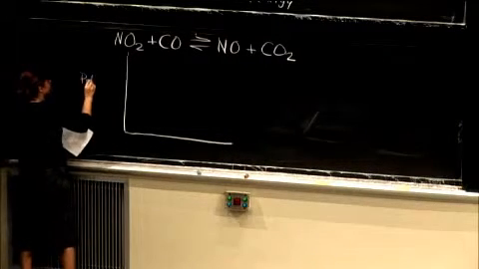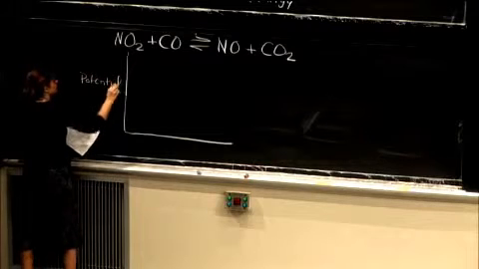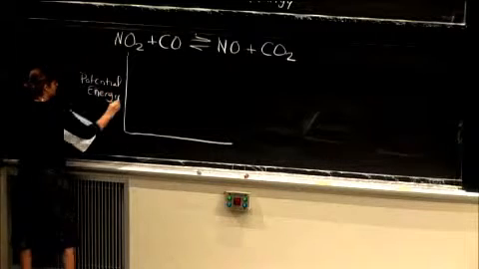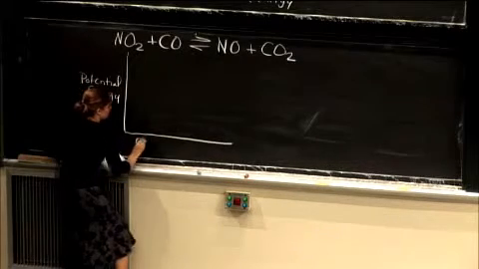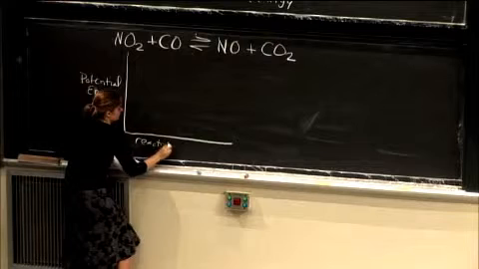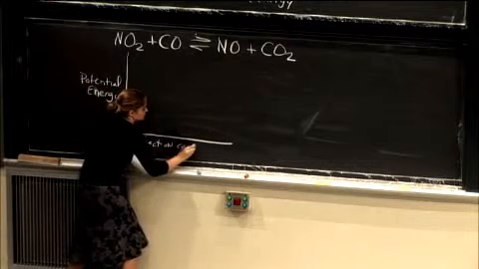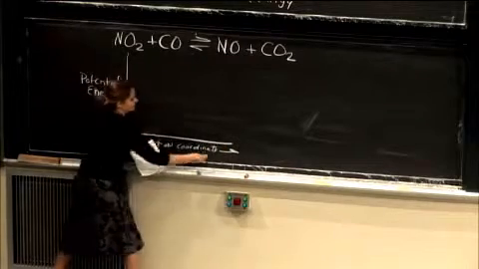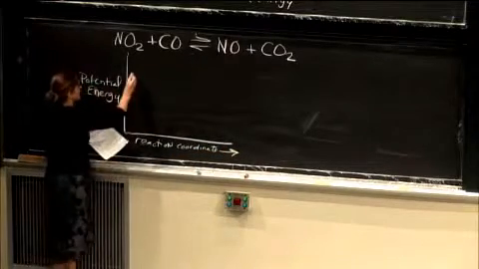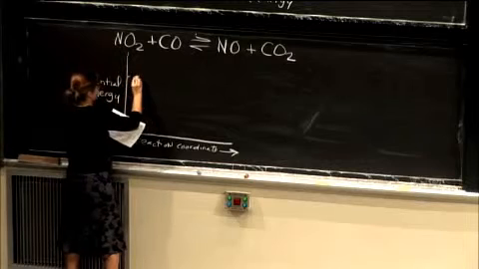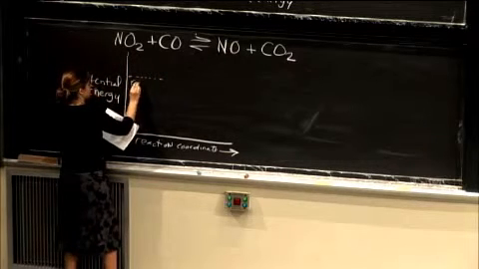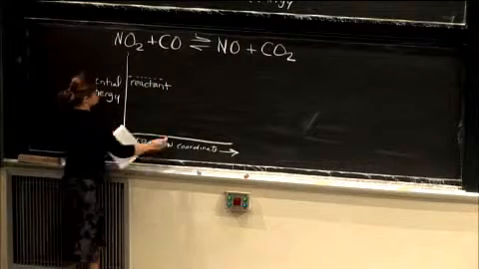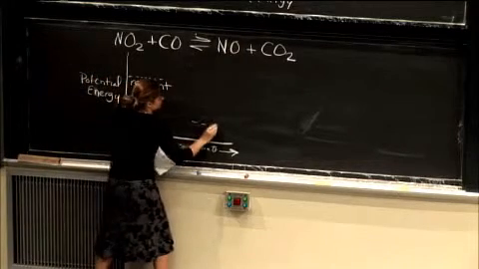And we have potential energy on one axis, and on the other, we have what's called a reaction coordinate. And so the reactants are going to have a certain amount of energy.